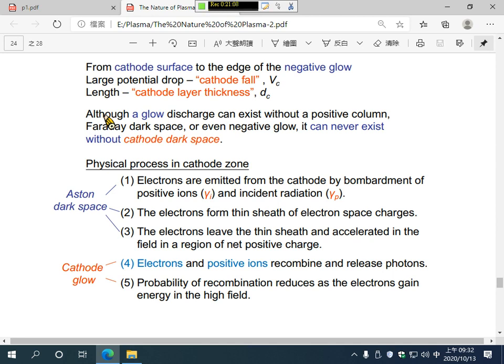So if you go back to the previous slide, you can see the gamma factor is one of the Townsend coefficients. There are two Townsend coefficients. One is the gamma factor, the secondary electron yield from the cathode surface or from the chamber wall surface.